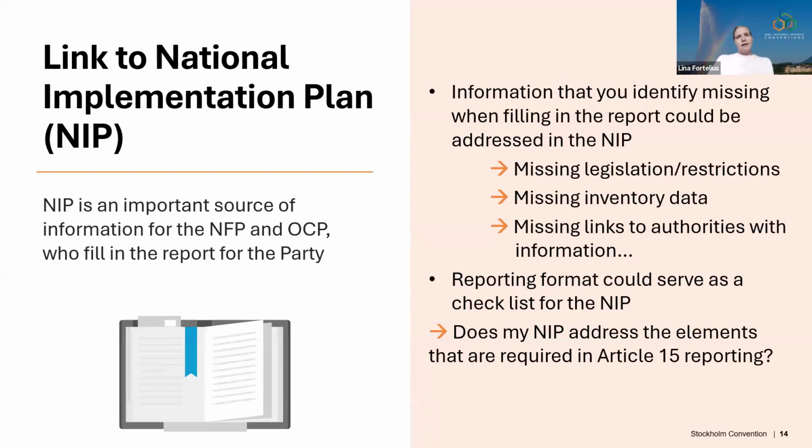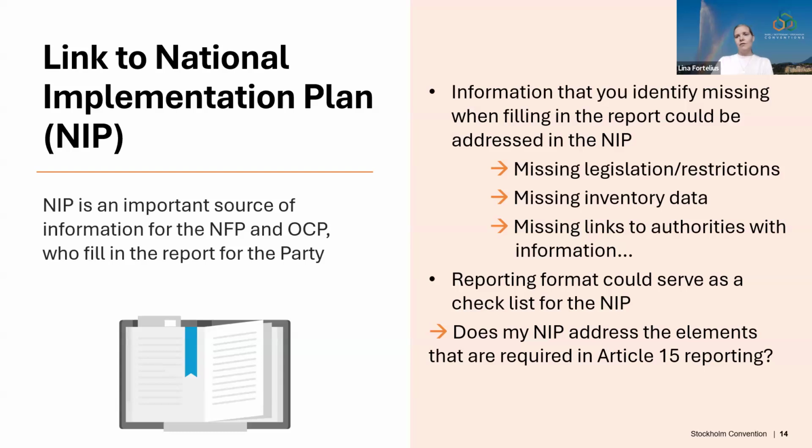Reporting is, as I said, very closely linked to the National Implementation Plan. On one hand, the NIP is an important source of information, taking stock of what is available and what is missing. Reporting requires you to provide detailed information on restrictions, including legislative references as well as data on available inventories.